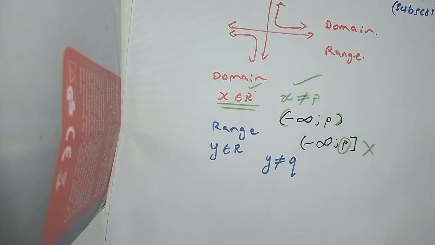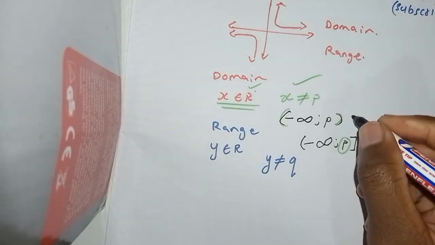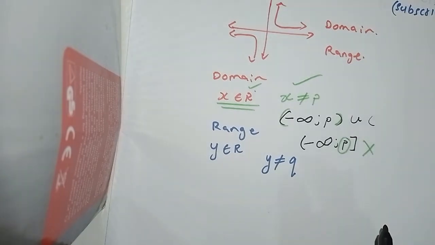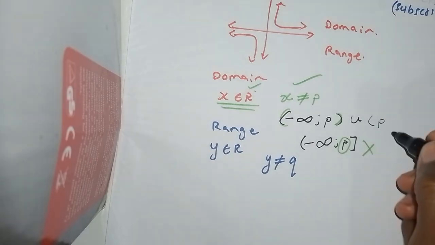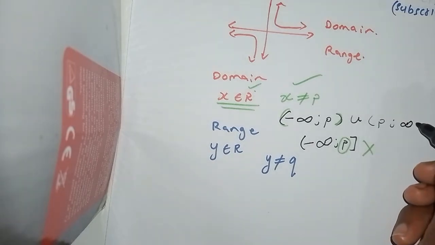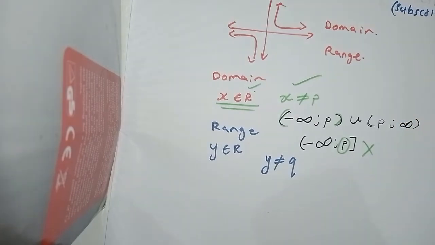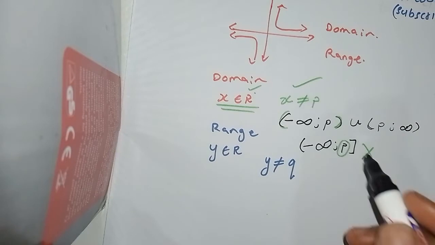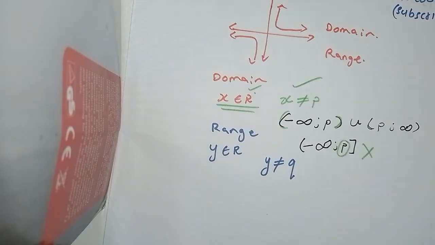Am I done? No, I'm not done. Union, my graph will again start at p up to positive infinity. Don't write this bracket to look cool to your teacher.